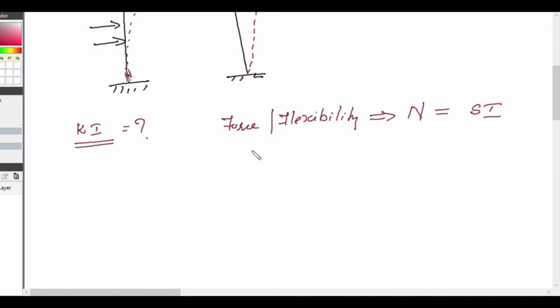Therefore the equation of three moments, or Clapeyron's theorem, is a force method. Now, this slope deflection method is a displacement method. Displacement methods are also known as stiffness methods, which means your number of unknowns will be equal to the degree of kinematic indeterminacy. So it depends upon the number of rotations.